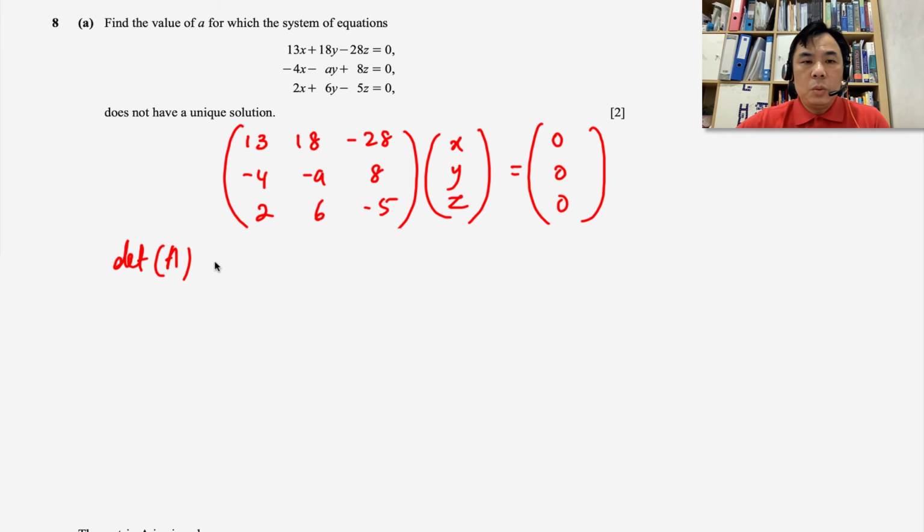First of all, we can start off from here. That will be 13. And then right after that, you're going to look at these 4 sets of elements here by using AD minus BC. So we will have 5A here minus 48.